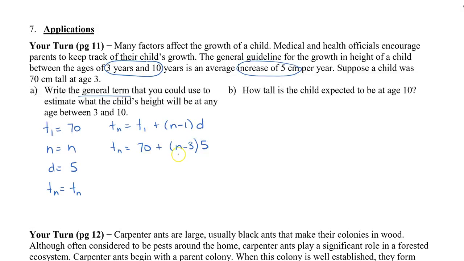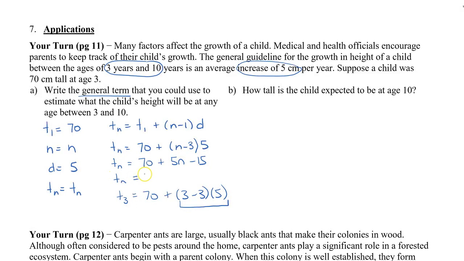So if I plug in 3, if I do a check now, T3 is equal to 70 plus 3 minus 3 times 5. This actually now gives me 0. So when the child is 3 years old, indeed they are 70 centimeters tall. Just to simplify my formula here, Tn equals 70 plus 5n minus 15.